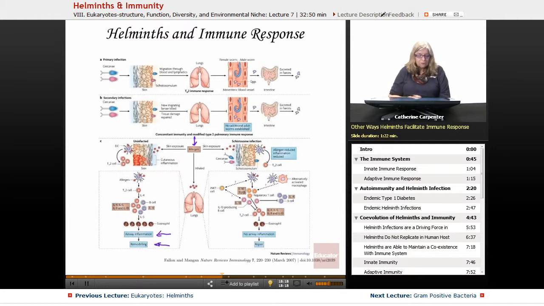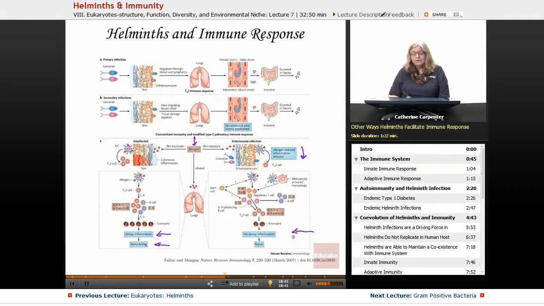Again, this is now a pulmonary reaction, whereas if the individual is infected with a schistosoma helminth, the allergen-induced or the potential allergen-induced inflammation is reduced. You get no airway inflammation, and you get repair.